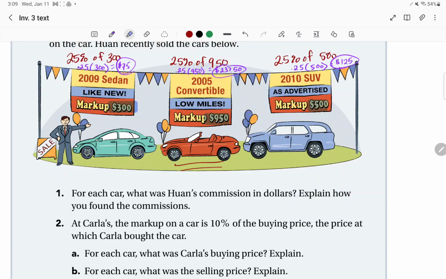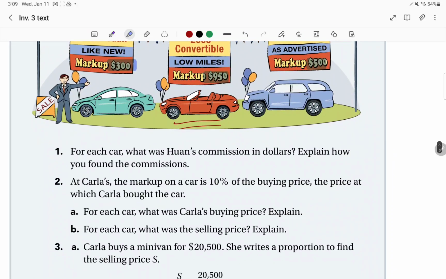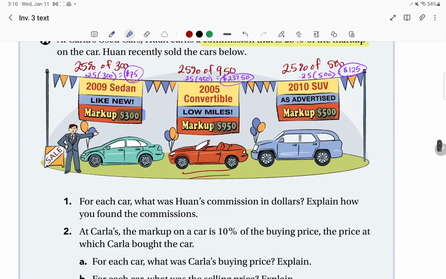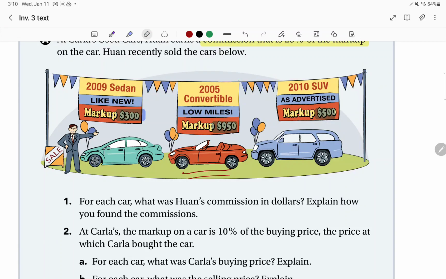Okay, so those are the markups, and she gets that number from taking 10% of the buying price and putting that on there. Okay, so for each car, what was Carla's buying price? And I'm going to erase these above there. So hopefully you had it, if not, rewind a little bit and get those in there. So let's go ahead and do that.